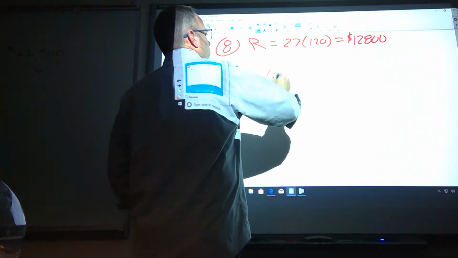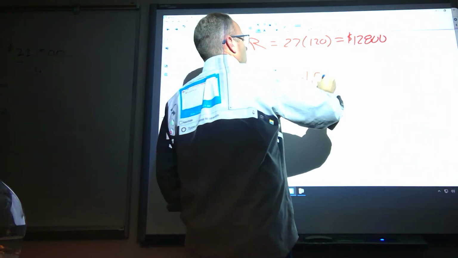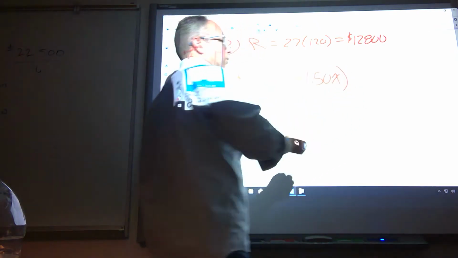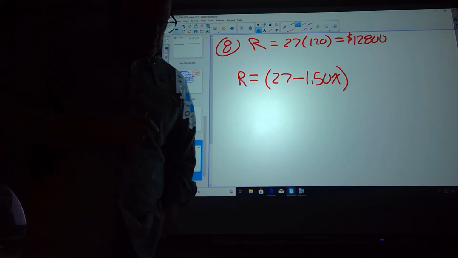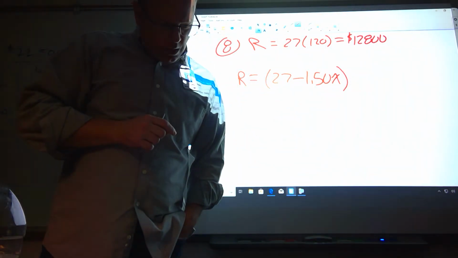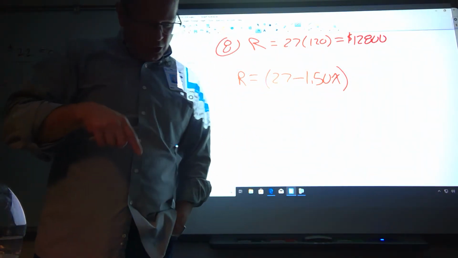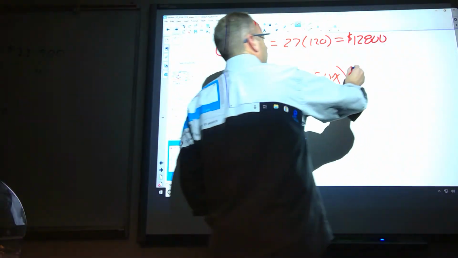Right, so for every $1.50 that I reduce it, the company reduces the price, an additional 12 ties will be sold.